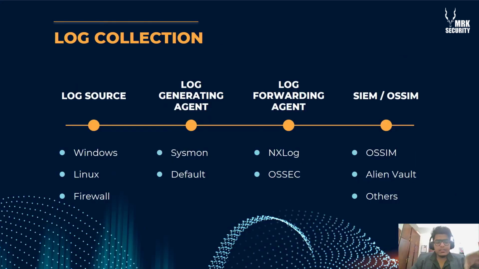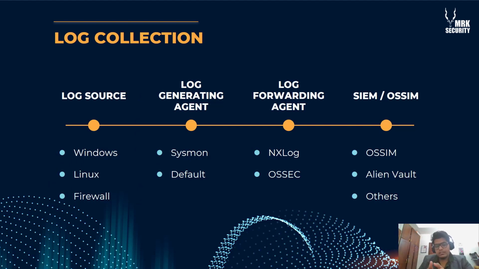So this is a log collection mapping, showing how the logs are collected and forwarded towards the SIEM solution. In the initial part, we have the log sources, the devices that generate those logs. These could be Windows operating systems, Linux devices, or firewalls.